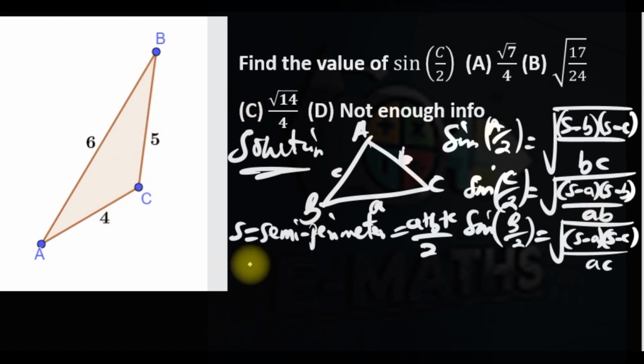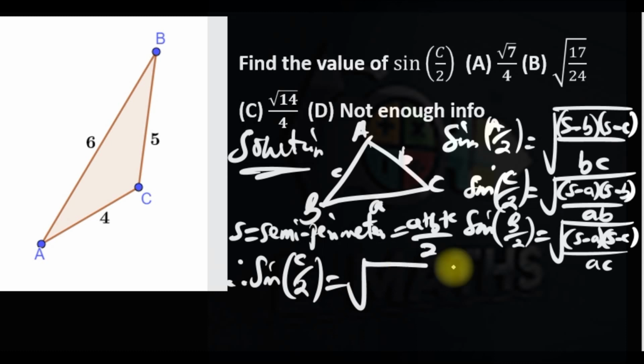So therefore what we are looking for, sine half C, is now equal to the square root of x minus A times x minus B over AB. Let's get the semi-perimeter first. The semi-perimeter is 6 plus 5 plus 4 over 2.